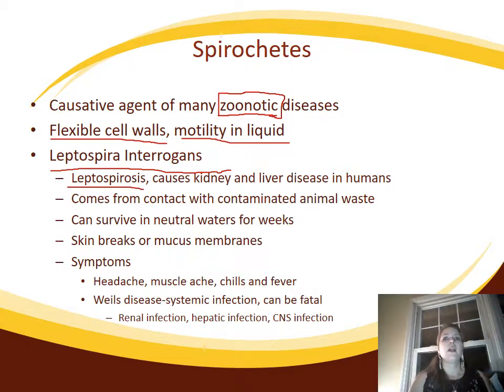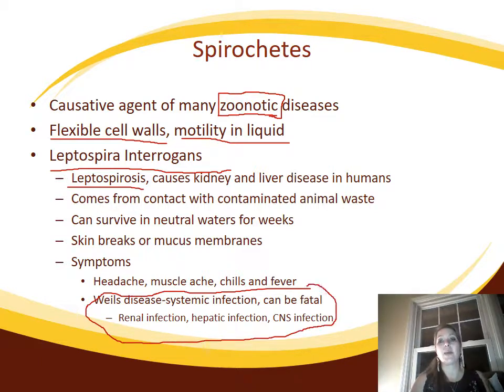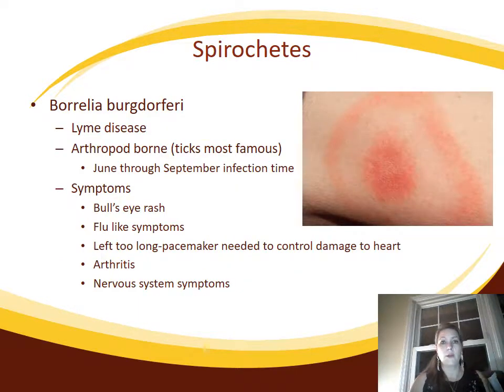It enters the system through skin breaks or mucous membranes, and your symptoms are going to be headache, muscle ache, chills, fever, and then a more severe version is going to be Weil's disease, which is systemic and can be fatal. You end up with renal infection, hepatic infections, central nervous system infection. If it's left too long, you can actually require a pacemaker because it can cause damage to the heart, and it causes arthritis and nervous symptoms.